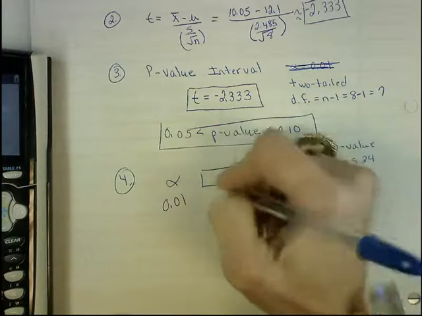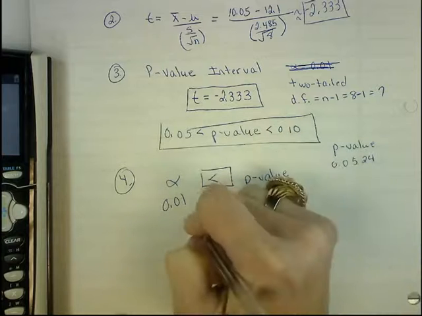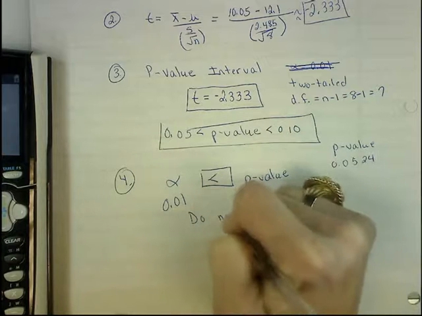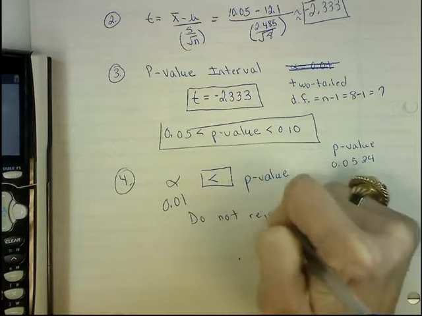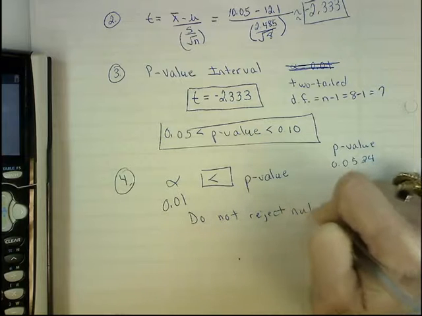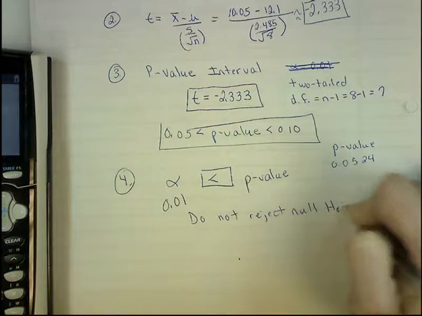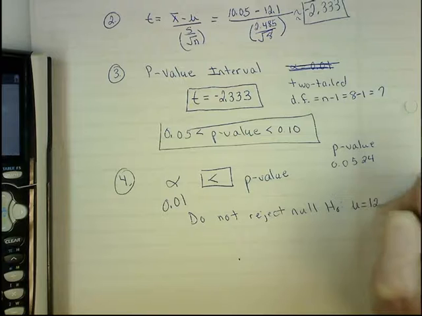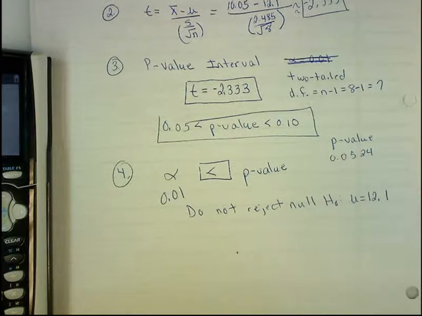Alpha is smaller. Therefore, do not reject the null hypothesis. And that said that mu was equal to 12.1. That's also our claim. So do not reject the null, and the null is our claim.